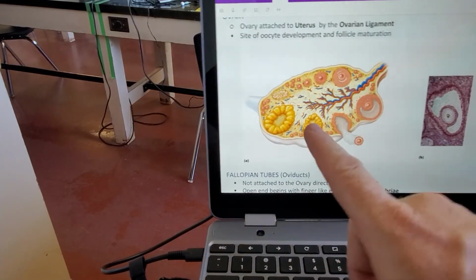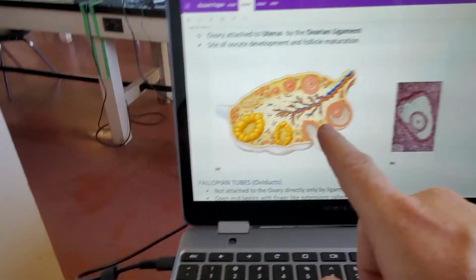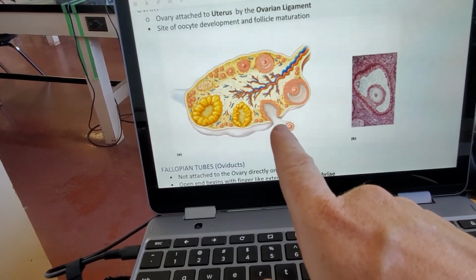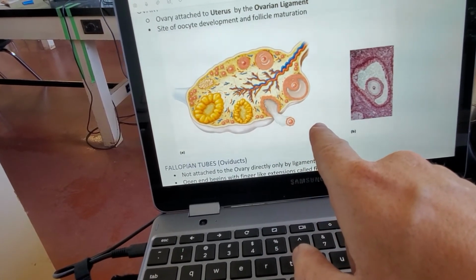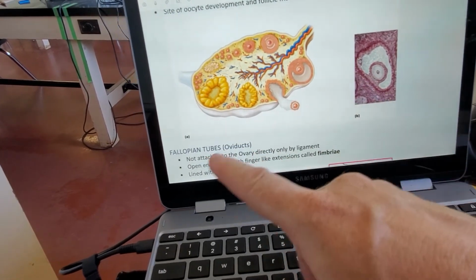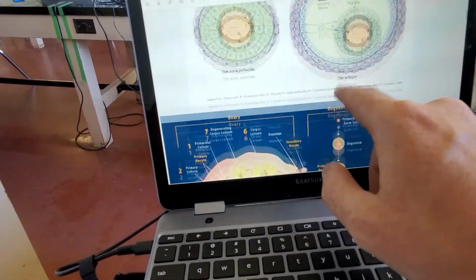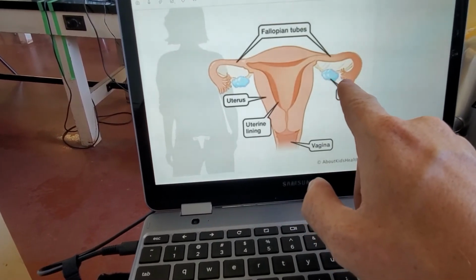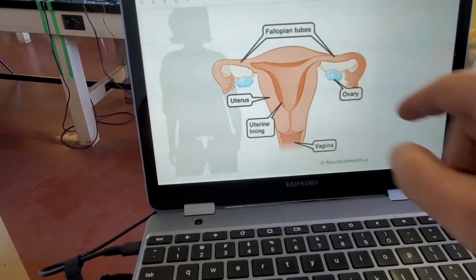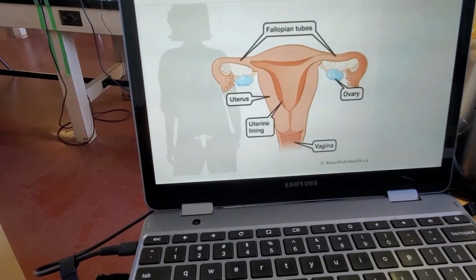So what happens is when the follicle matures, it shoots out of the ovary and heads to the fallopian tubes. There's the ovary, the ovum shoots out, and these are called fimbriae. I always say it wrong.